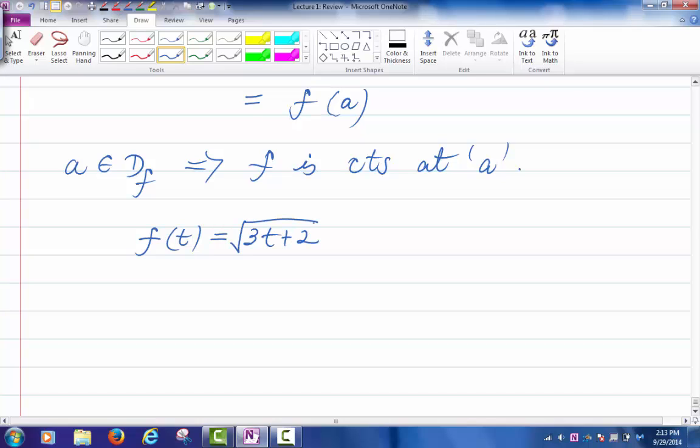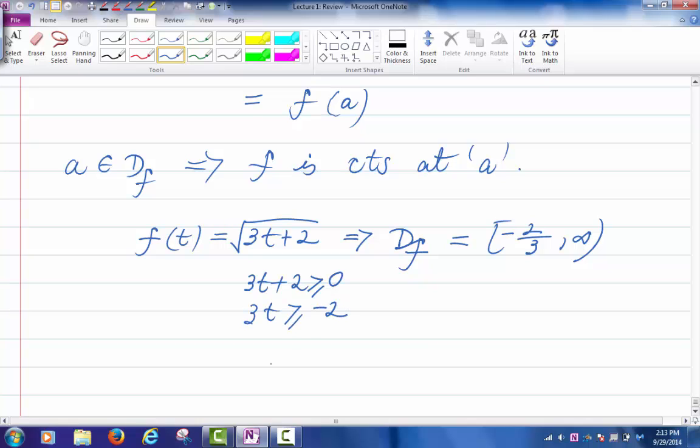We know that f is this, right? So what is the domain? It's everything to the right of negative 2/3, right? How did I come up with that? Inside the root, 3t plus 2 needs to be non-negative, which means 3t has to be greater than negative 2, and then finally t has to be greater than negative 2/3, right?